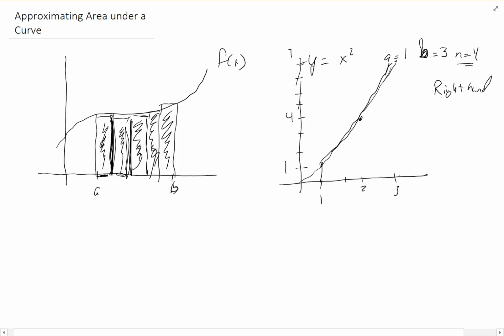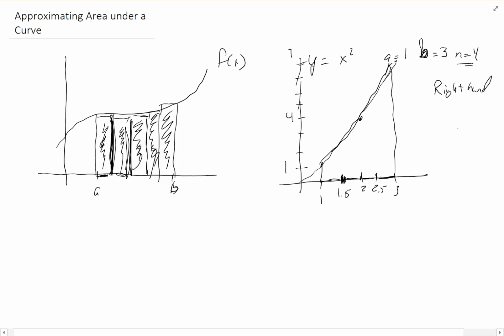What I want to do is approximate that with 4 rectangles, so I'm going to divide this up into 4 pieces: 1, 1.5, 2, 2.5, 3. That divides us into 4 regions down here.